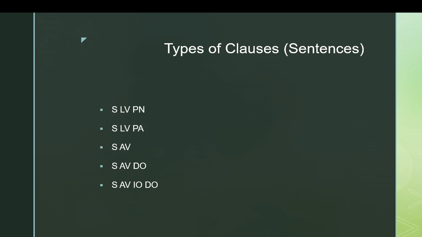The predicate nominative is a noun or pronoun being equated with the subject in this type of clause. It requires a linking verb, and it is not an object. Nothing's governing it. It's just equal to the subject. You could flip the order of the predicate nominative and the subject, and the meaning would not be changed. As such, the predicate nominative does not use the object pronouns.